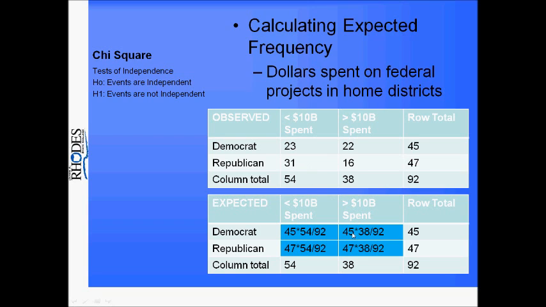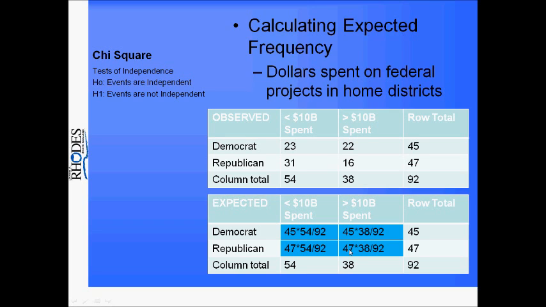Kind of see how that works? 45 and 38. 38's in this column, 45's in this row. The intersection between those numbers gives you the expected number here, and you just divide that by 92. So 45 times 38 divided by 92.